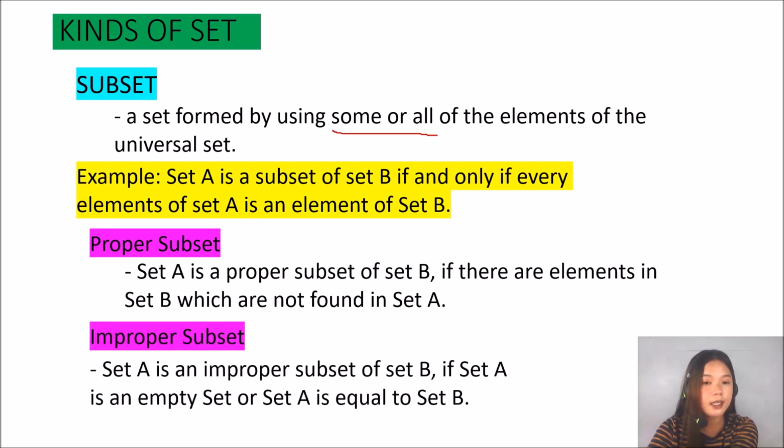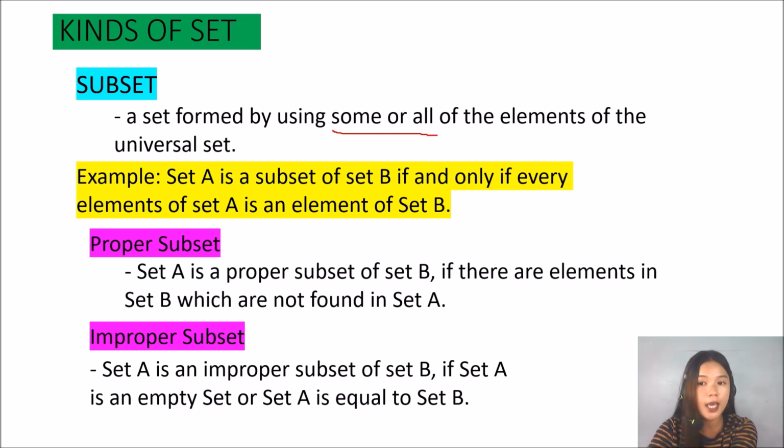Set A is an improper subset of set B if set A is an empty set or set A is equal to set B. Yung dalawang set po natin ay improper subset kapag naman po yung first set natin which is set A ay empty set or kaya naman po parehas yung element ng set A natin at set B natin.